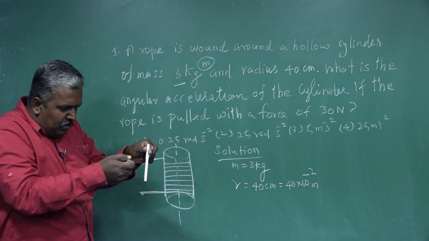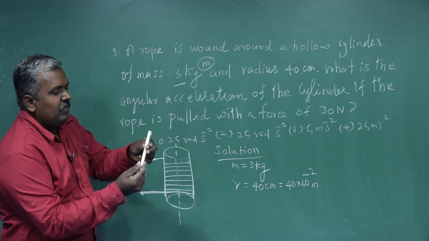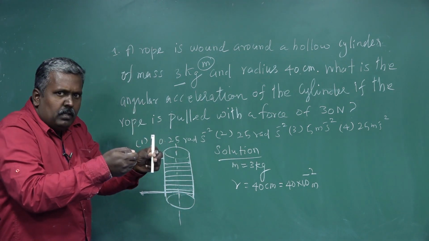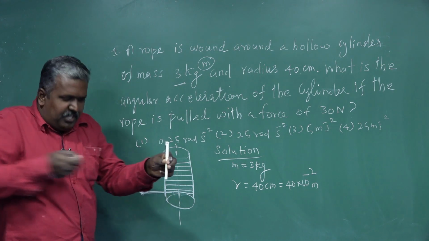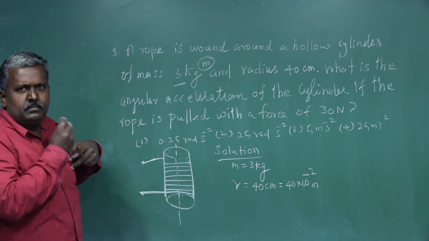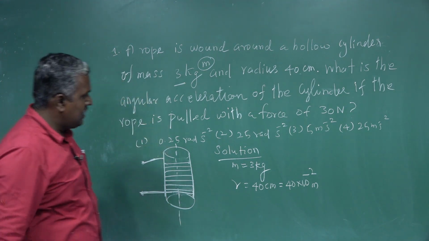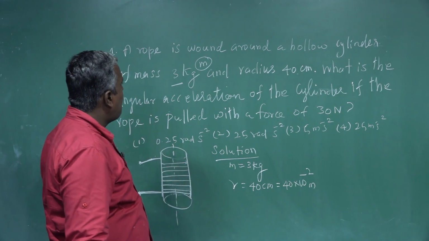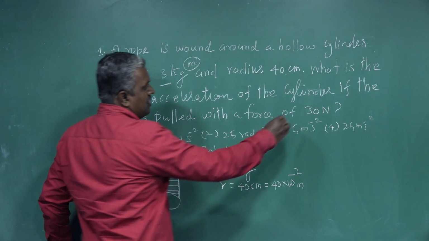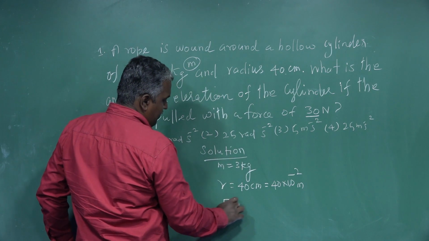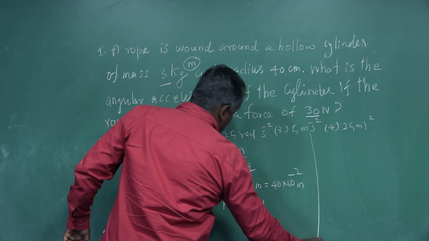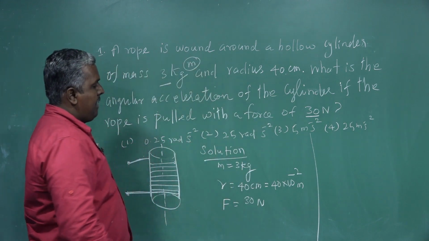So the applied force here is 30 Newton, through the rope. Clear? M is given, R is also given, and the force F is equal to 30 Newton. This is the data.